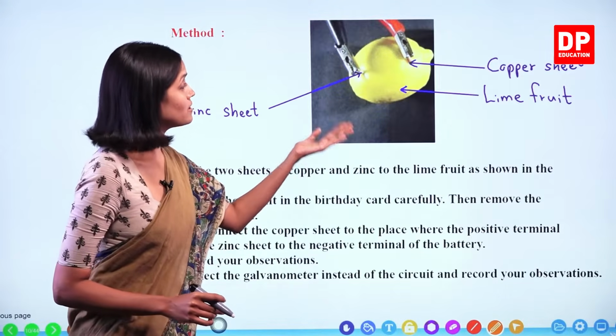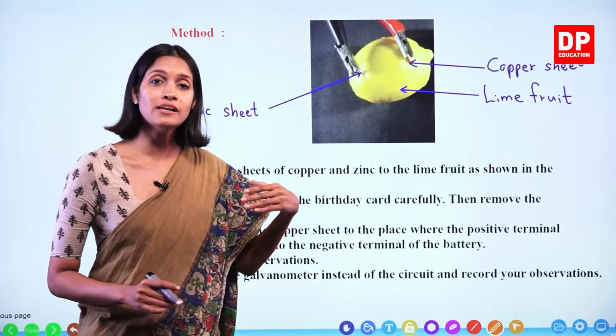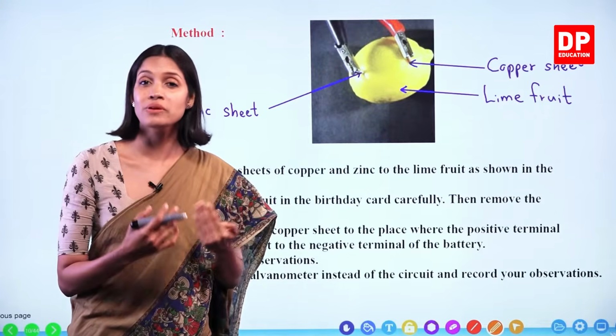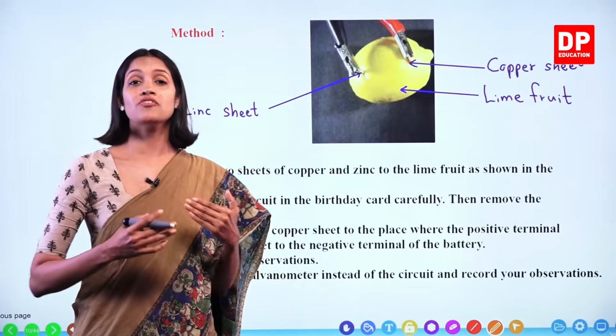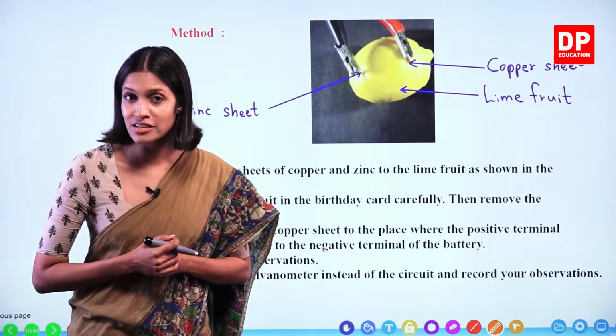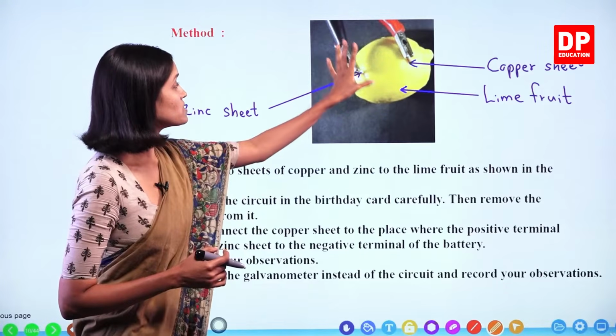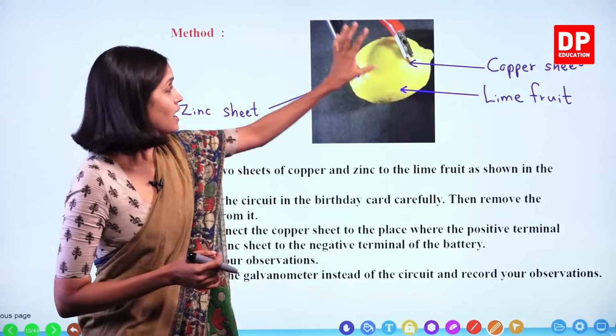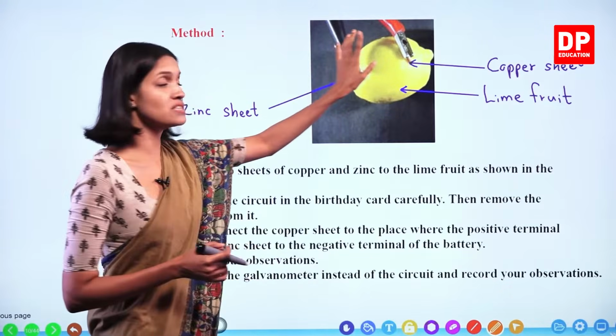Do you remember in the previous method I explained, these dry cells generate electricity because they have chemical substances in them. Because of the chemical reactions, cells and batteries can generate electricity, right? This is also a similar instance. Lime fruit has acids, and copper sheet and zinc sheet are metals.